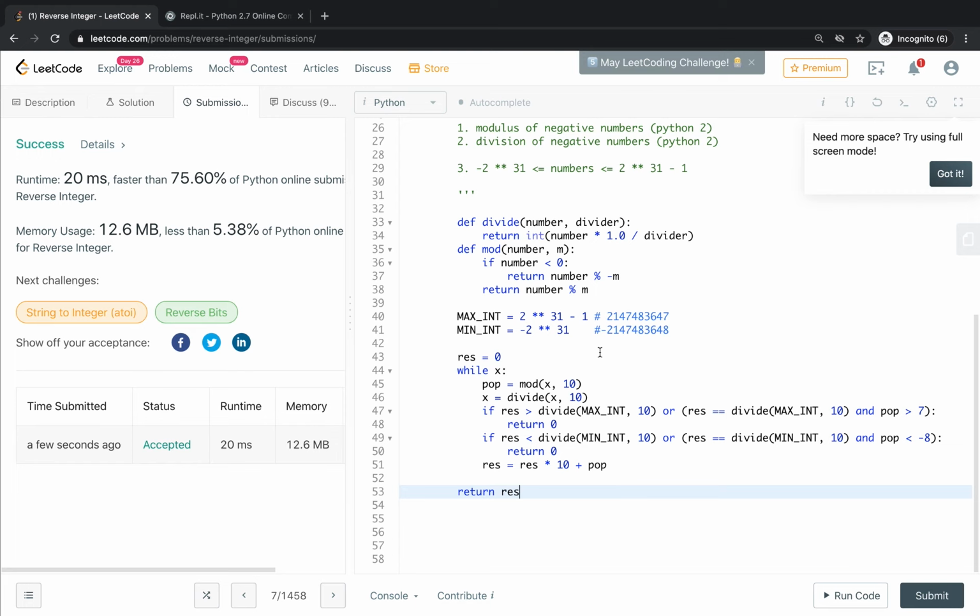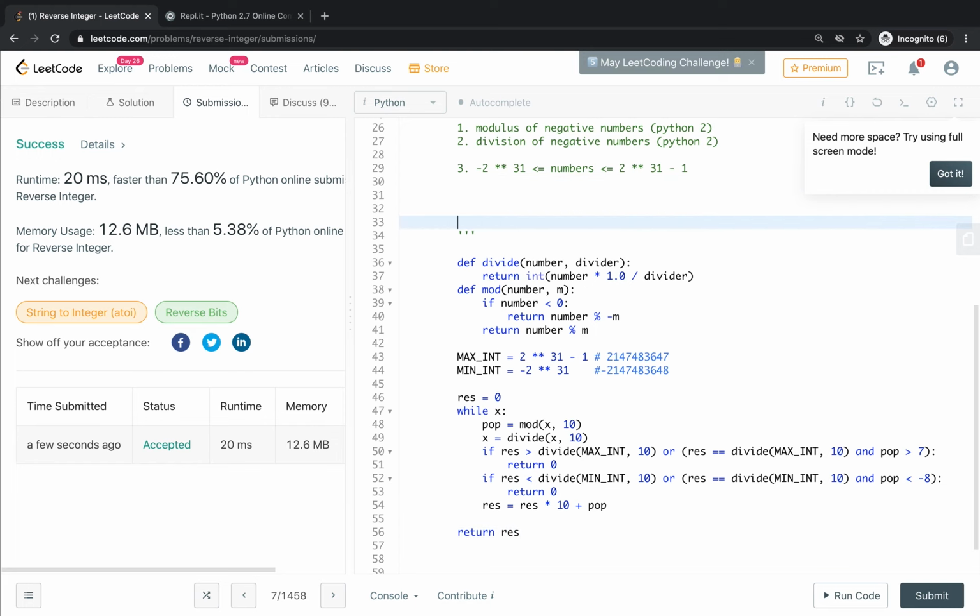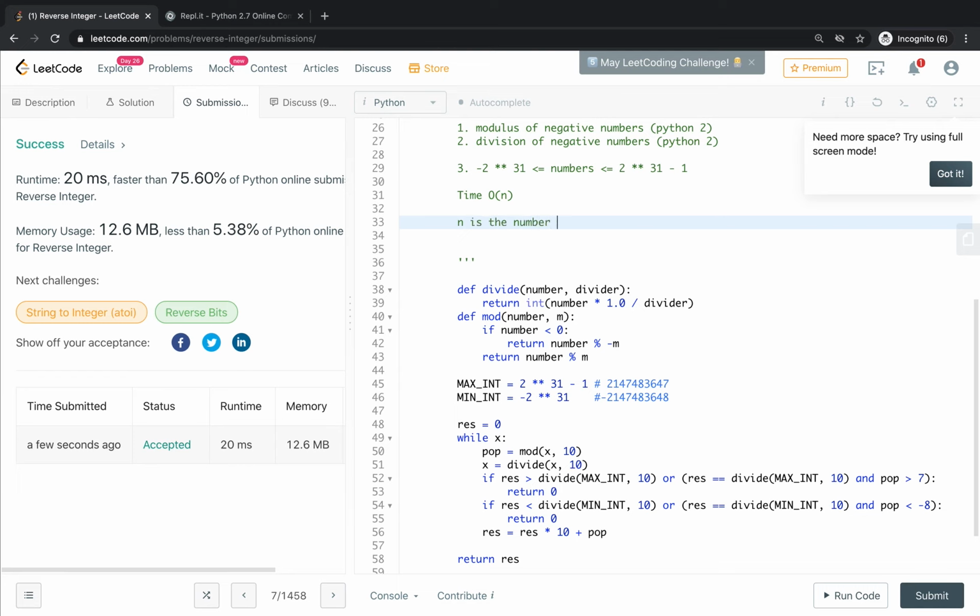Let's talk about time complexity and space complexity. Time complexity is actually big O of n. We're going through this while loop one time for each digit in our number, so it's linear, and n is the number of digits in our input.